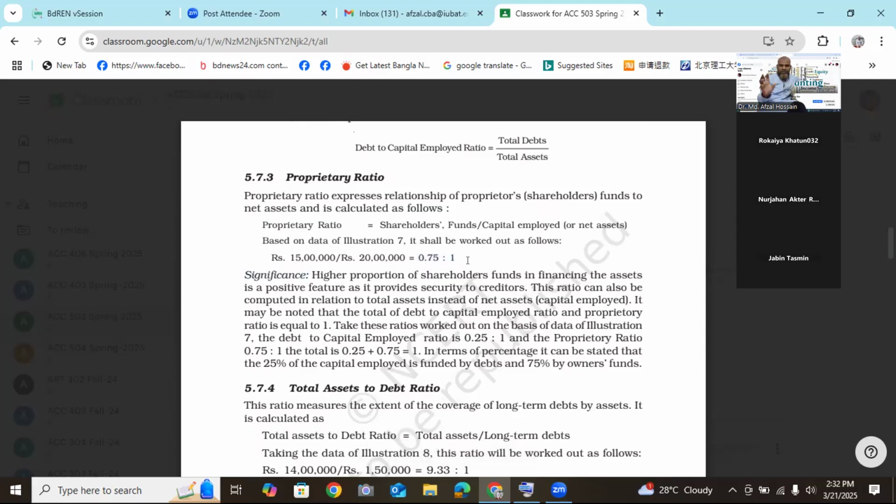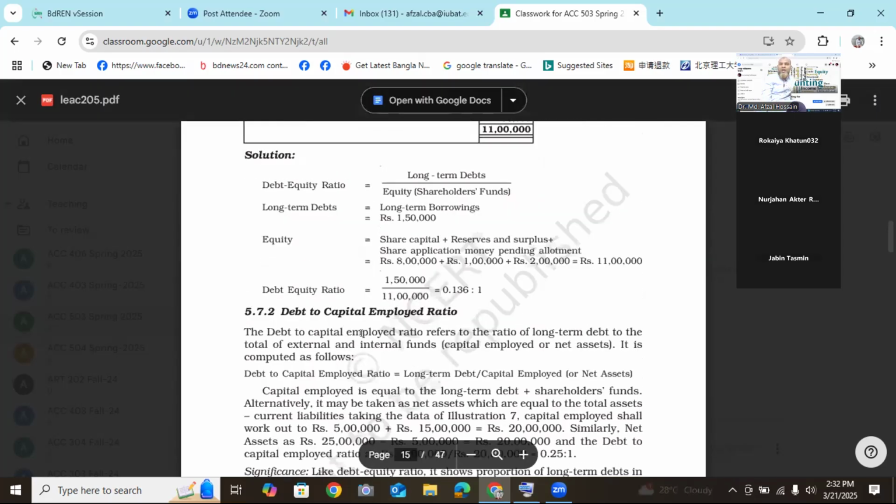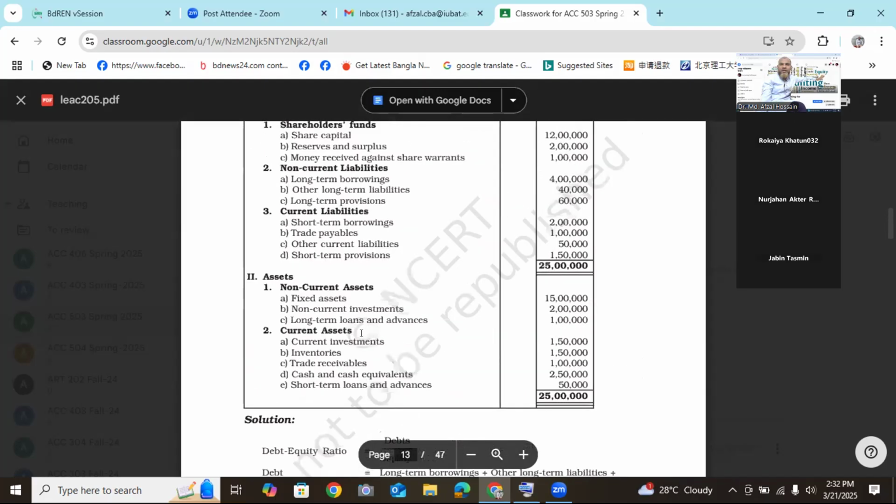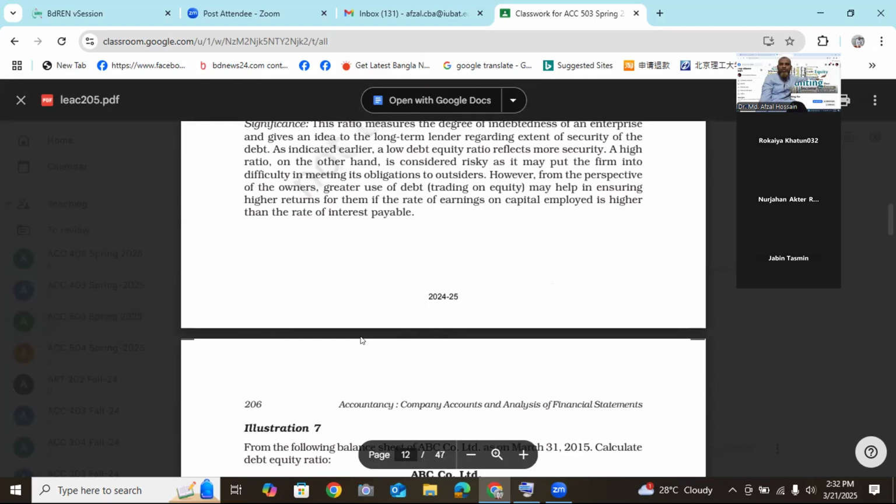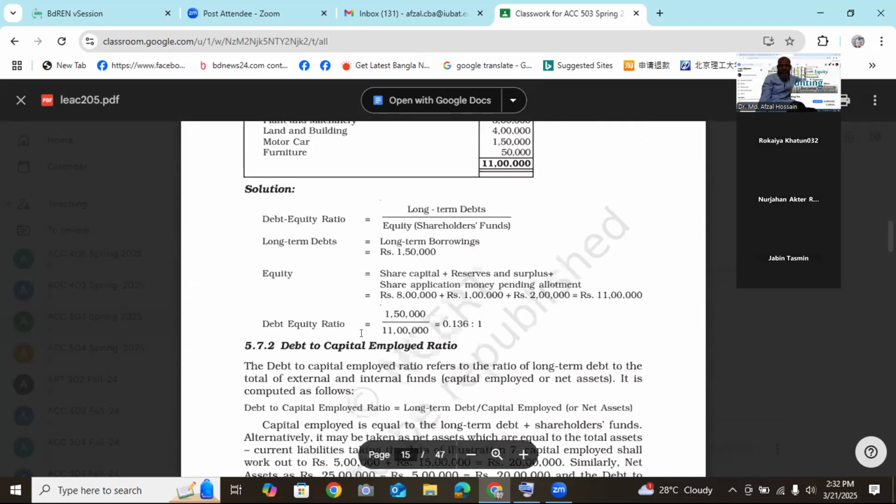If you give an interpretation, the decision maker or user can easily judge the result and take a decision. A higher proportion of shareholders' funds in financing the assets is a positive feature as it provides security to creditors. You already know this. It is applicable for everyone, the same as the debt to capital employed ratio and the debt to equity ratio.